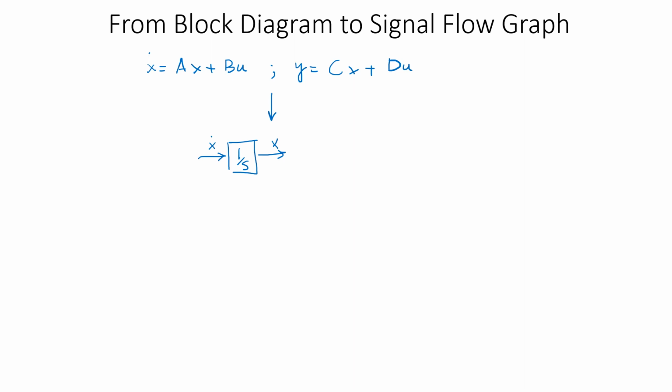Now, that can be further manipulated in this fashion, that you have taken this X as a takeaway point and multiplied with matrix A, which is the state coefficient matrix, and then you have added it through this summing junction to create one part of the x dot.